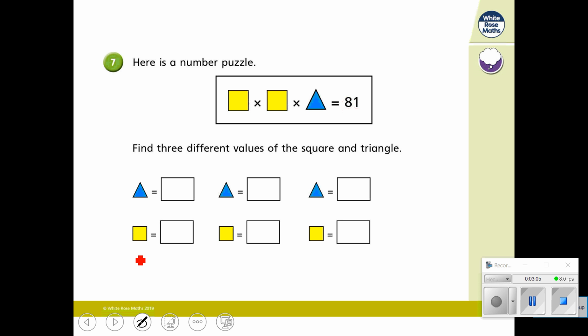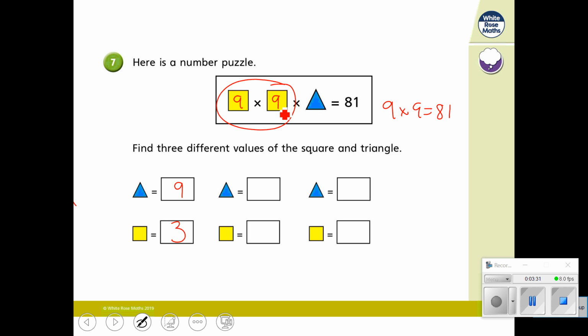I'm going to try again. Okay, so we had one solution, which was the triangle was 9 and the square was 3. Remember, 9 times 9 equals 81. Oh, I just thought of something. What about if I make those 2 triangles 9 and 9, 9 times 9 equals 81.